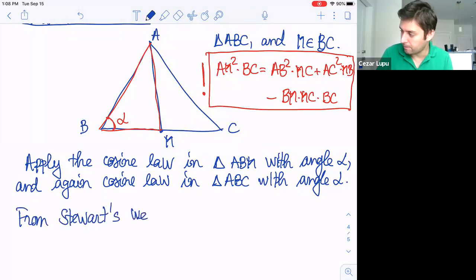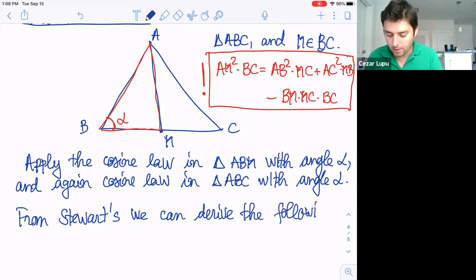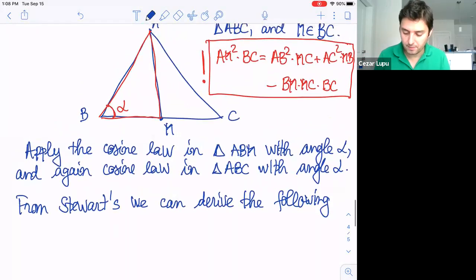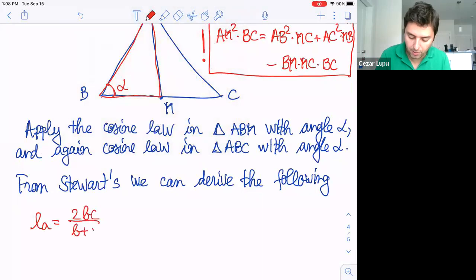We can derive the following, and like I said, I'm going to leave this to you as an exercise. For example, the length of the bisector will be 2 times BC over B plus C times cosine of A over 2.